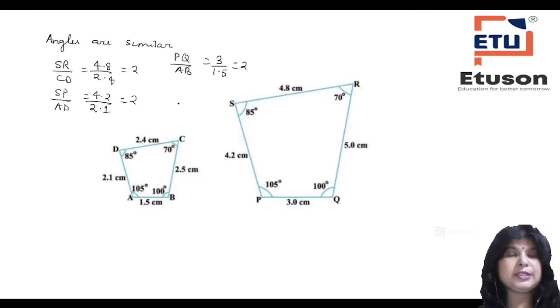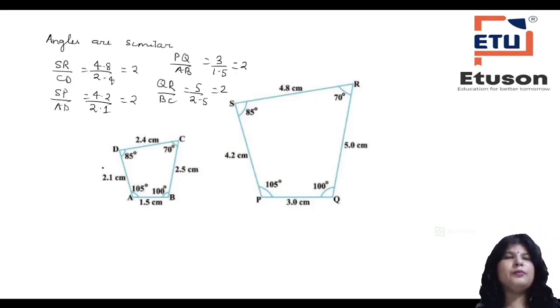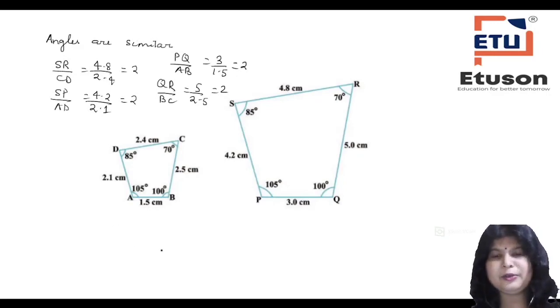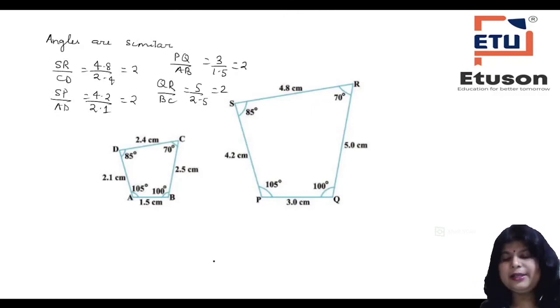So your representative fraction is 2 here. Similarly, what is QR divided by BC? That is 5 divided by 2.5, equal to 2. So from this very clearly you can tell that quadrilateral ABCD is similar to quadrilateral PQRS.